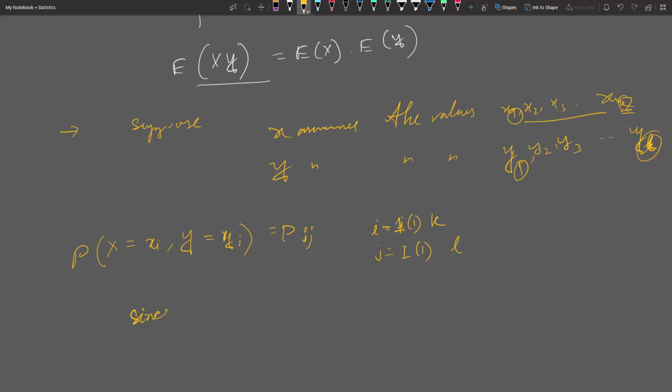Since x and y are independent, then p_ij is equal to p_i times p_j.